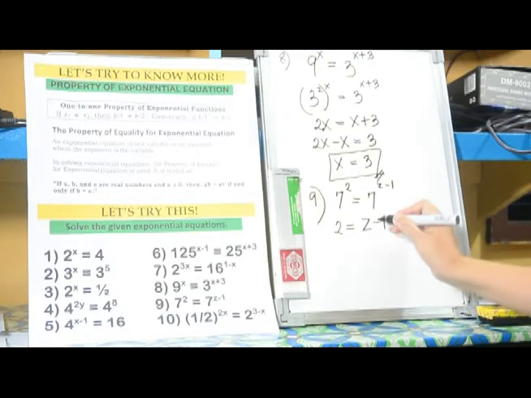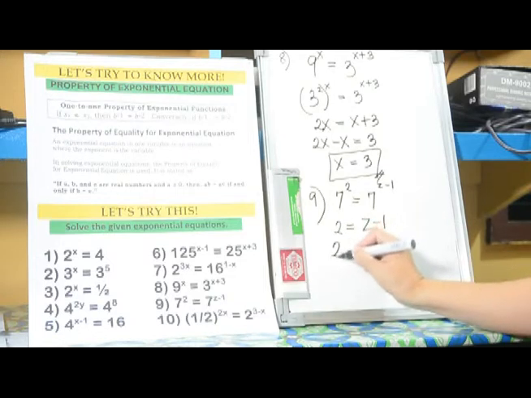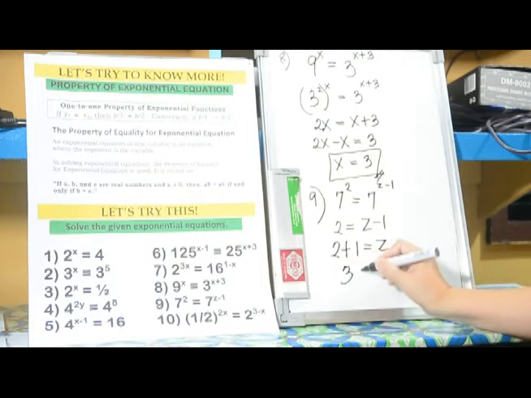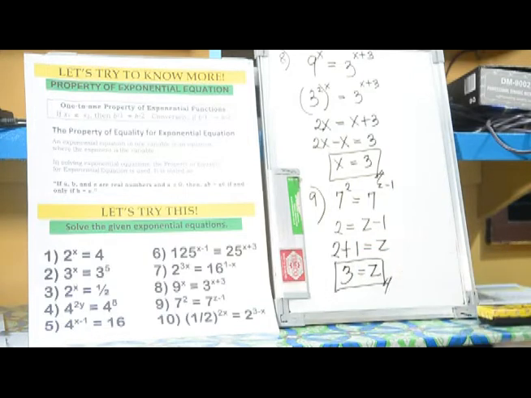Equating this one, we can just transpose the constant. So we have 2 plus 1 is equal to z. So you have 3 is equal to z. This will be the value of your z as your exponent. So that would be for number 9.